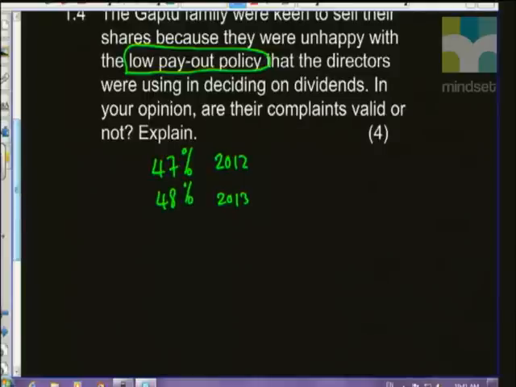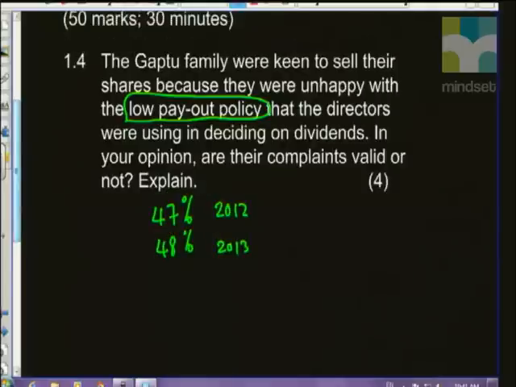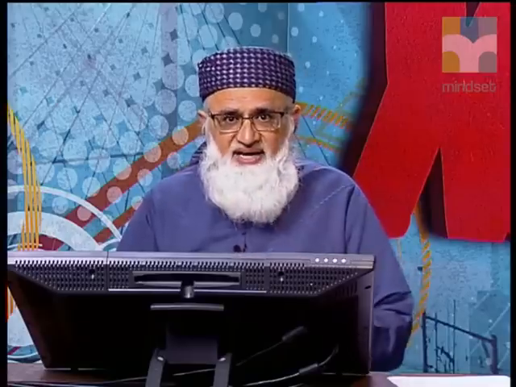surely the Gupta family have no reason to complain. Are their complaints valid? No, their complaints are not valid. Why? Because we have given a return in 1 year of 47%, which is an excellent return if you compare it to market value.